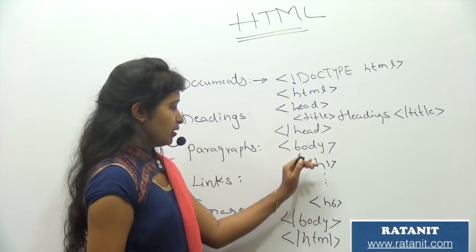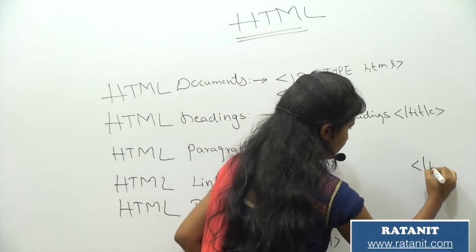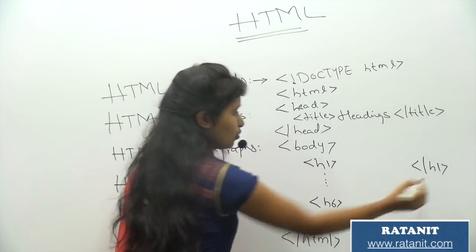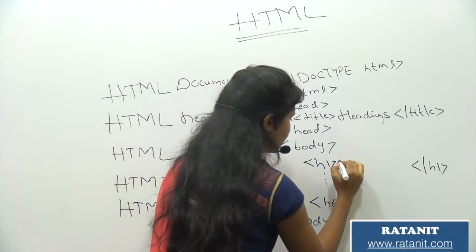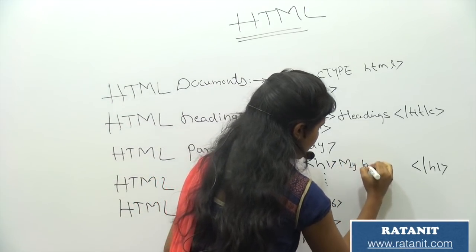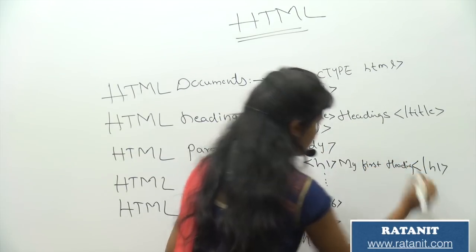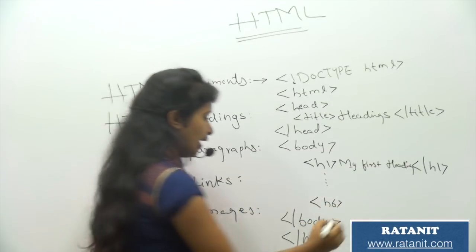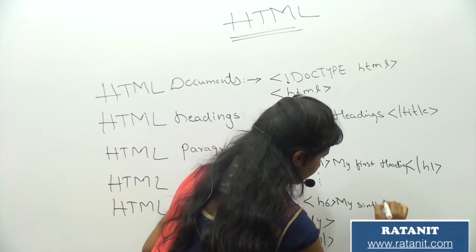These HTML elements work with an open tag and a closed tag. H1 needs to be closed with an H1 closing tag, and I can have my heading over here, my first heading. Like that, my sixth heading.